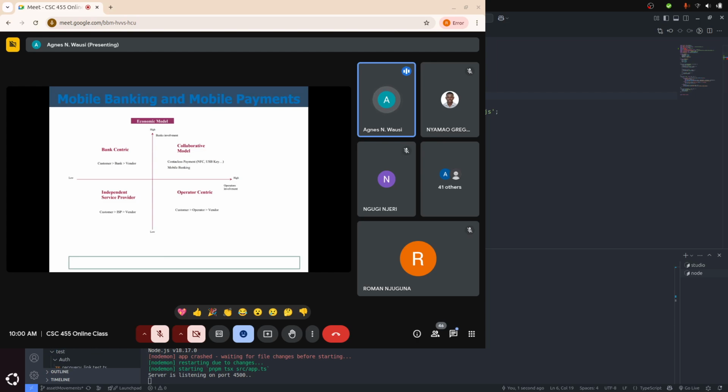So we find that this paper was actually written by French researchers, and they have this 2x2 matrix, where you have the bank's involvement from very low to very high in the middle, as you can see there.